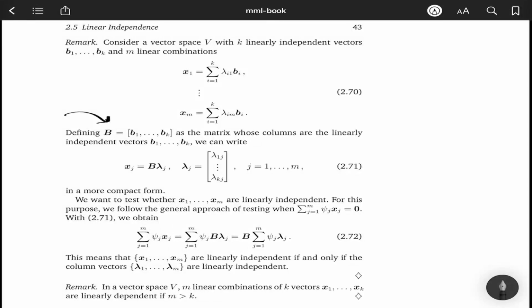And what they're saying is that you can construct a vector by multiplying that matrix B with this vector lambda j. So you do a matrix multiplication of a basis matrix, maybe, and a new vector, lambda, to get a vector x.